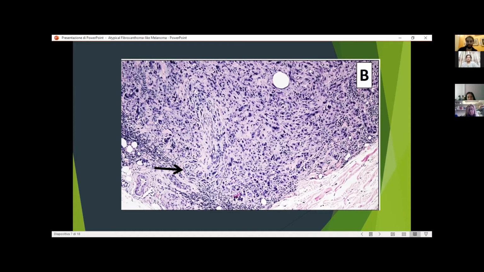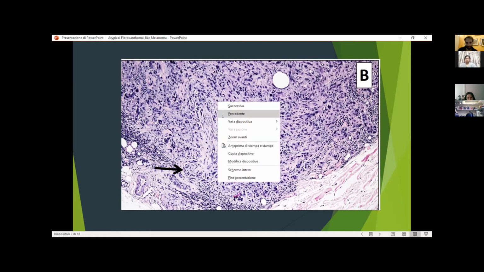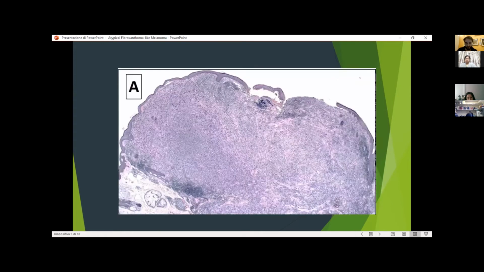But at higher magnification, several mitotic figures were observed of both typical and atypical nature, and there were foci of peritumoral inflammatory lymphocytic infiltration. Phenomena such as necrosis, hair hole involvement, and hemorrhage were not evident. The dermo-epidermal junction did not present any junctional melanocytic growth, and there were no significant alterations.